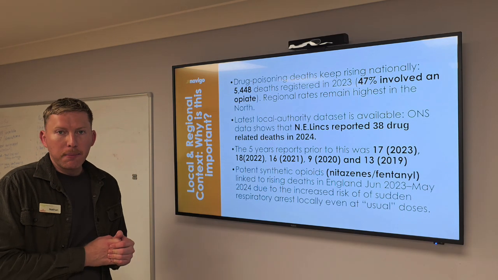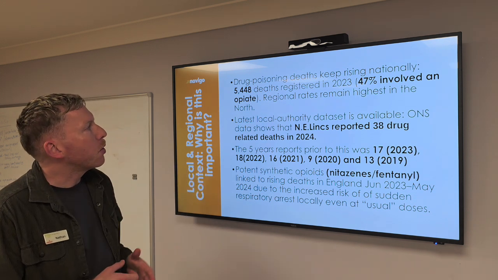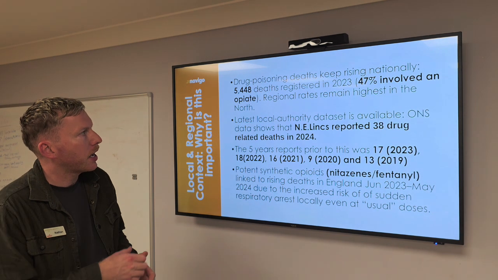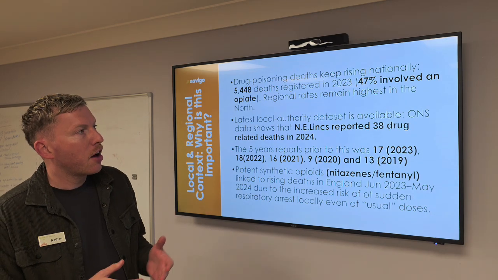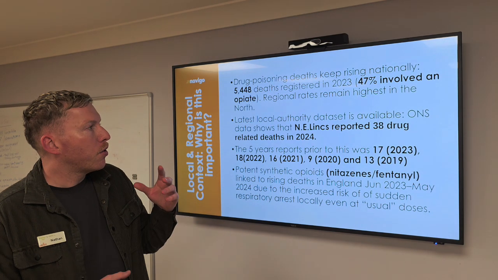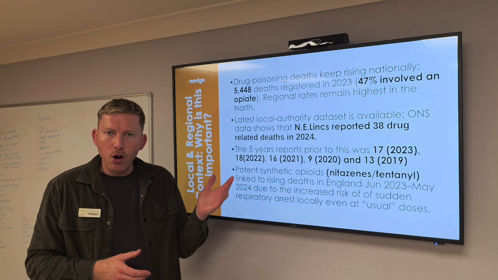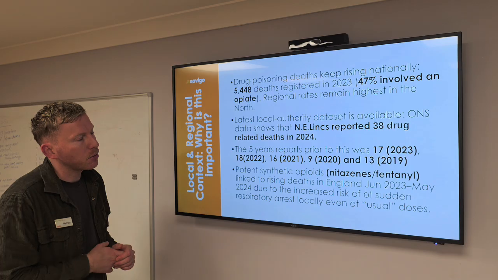Why am I asking people to learn how to use naloxone? Nationally, in 2023 we had over 5,000 drug-related deaths. 47% of those contained an opiate. The figures always are higher in the north, historically has been and continues to look like it is doing that.